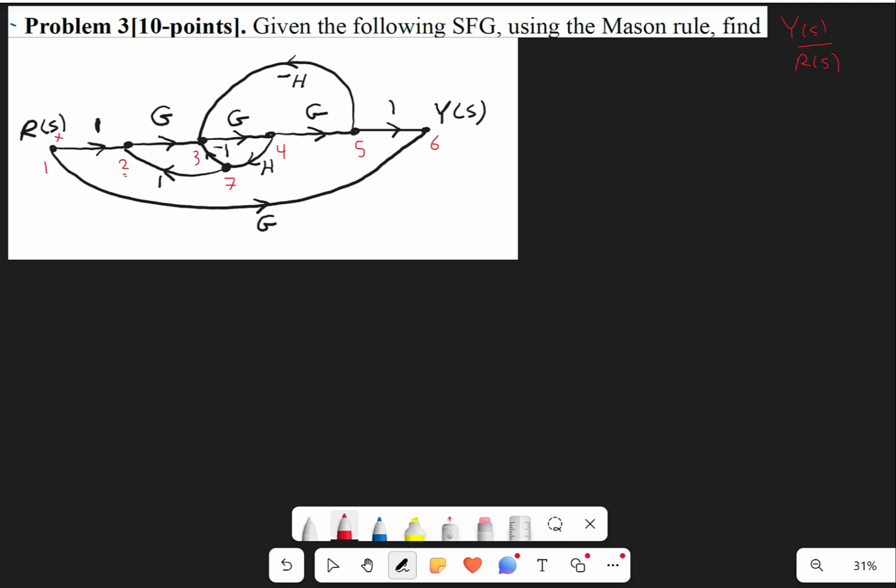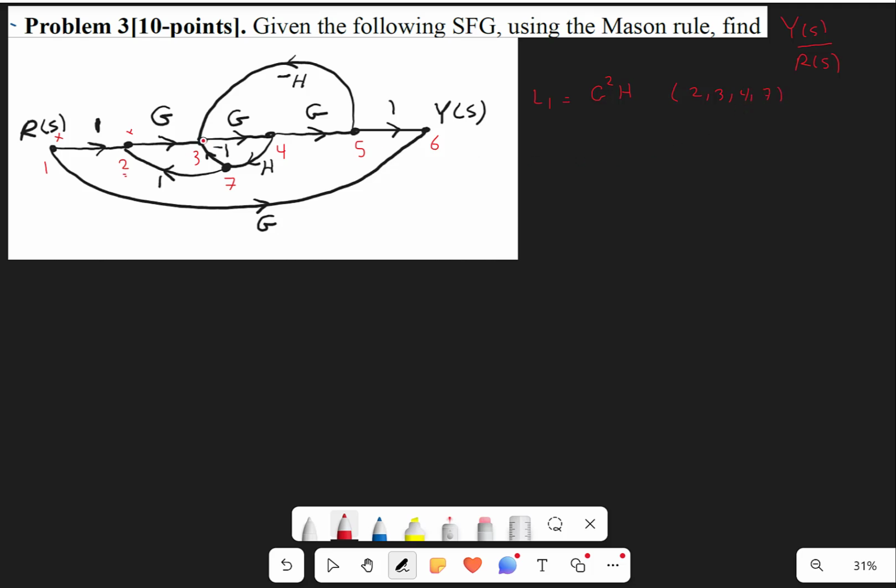In node number 2 this is the first loop that we can see, so this will be L1, which will equal G squared H. There are no other loops, and this loop is going through nodes 2, 3, 4, and 7.